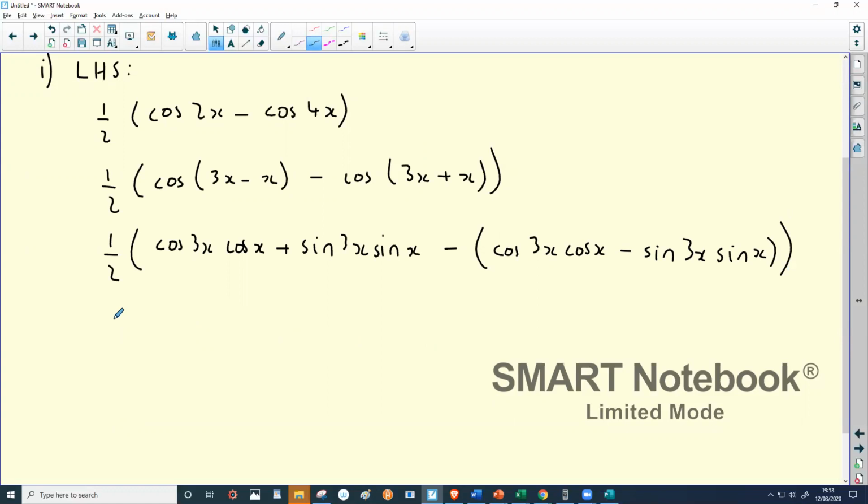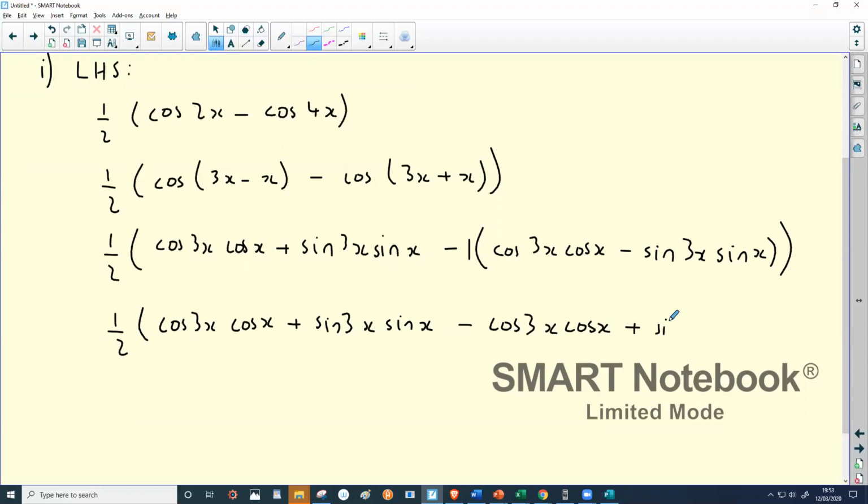And so if I expand this minus 1 inside the second bracket, I get cos 3x cos x plus sin 3x sin x minus cos 3x cos x plus sin 3x sin x.